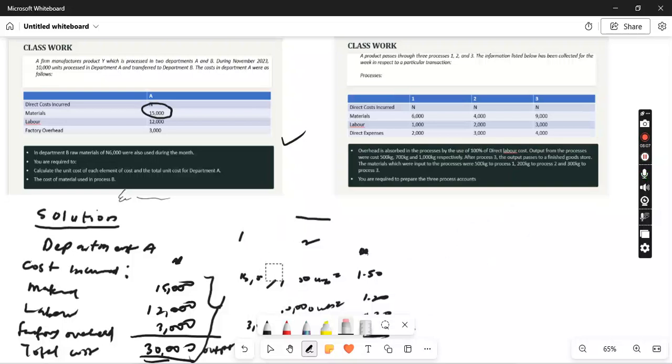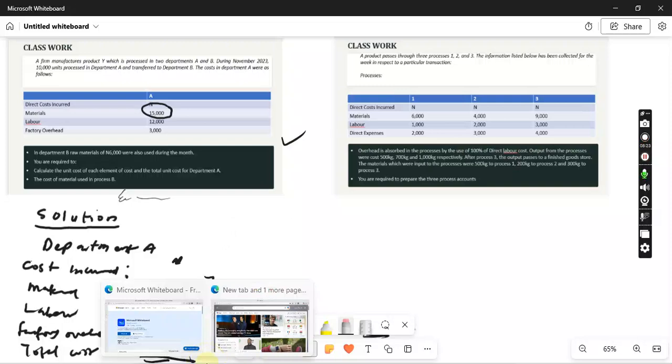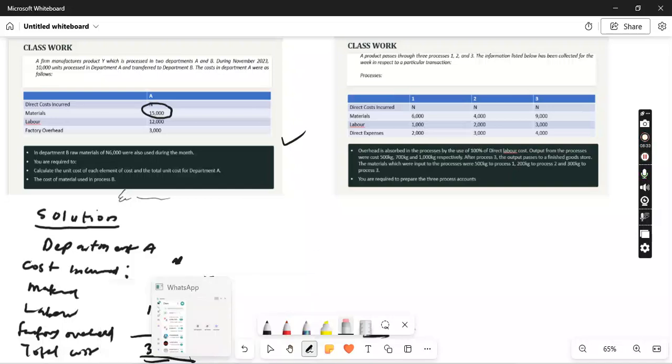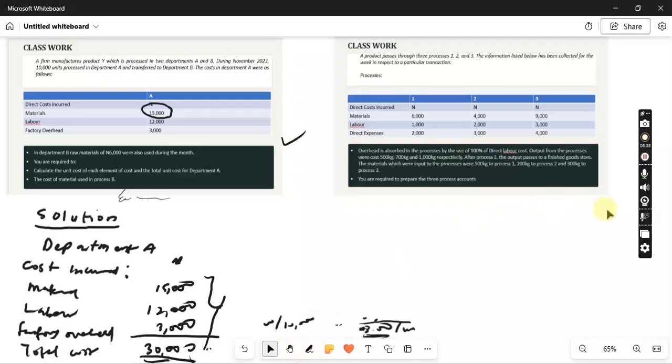Let's look at this question. We were told that a product passes through three processes: process one, process two, and process three.